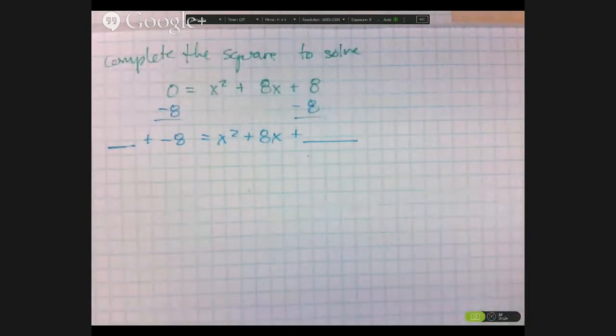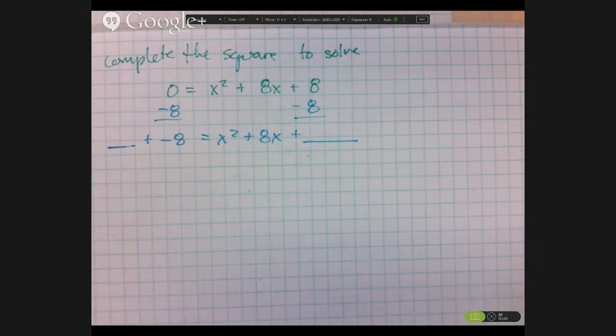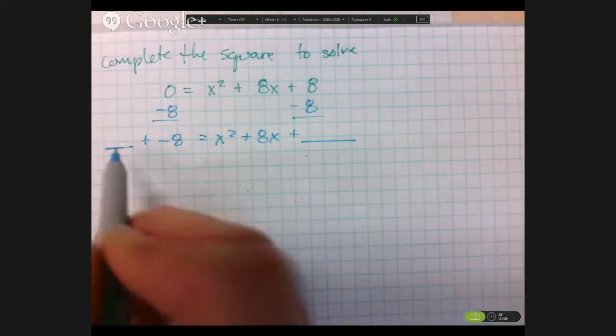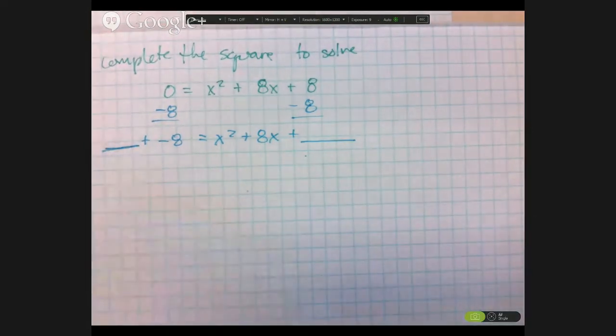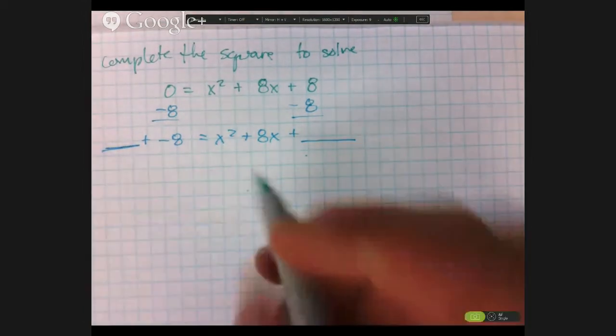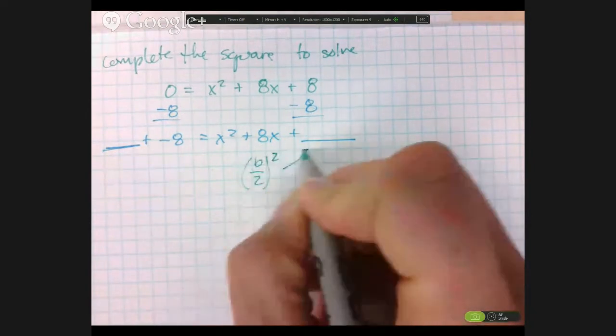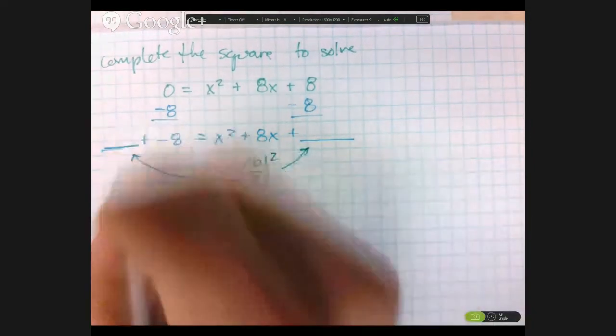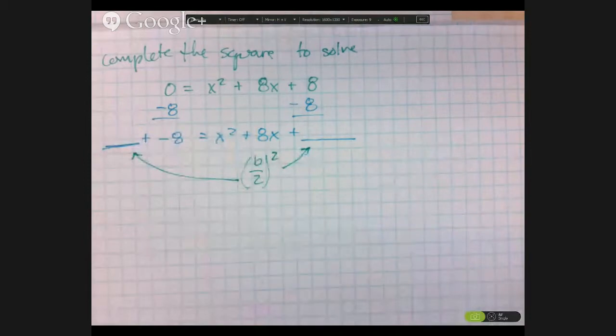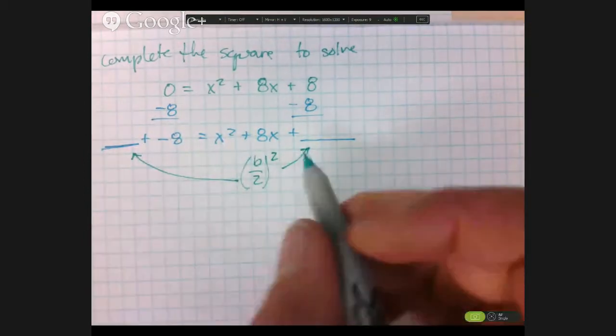Okay, so do you want to do it algebraically with the Punnett square? No, how did you do it last year? Why do you want to do it? Okay, let's do both ways. If you can do this, it's the fastest. Okay, what's 8 divided by 2 squared?